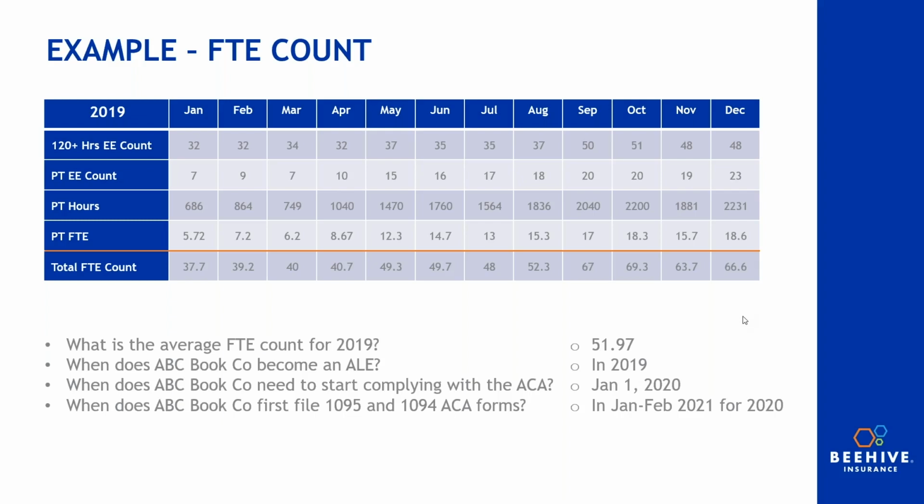So they do have to comply, but they may find that the penalty ends up being $0 or ends up being rather small. Okay, thank you. I hope that helps.